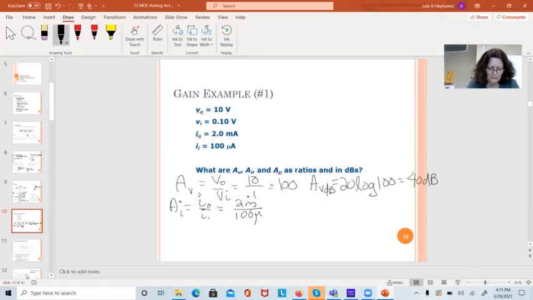And there's a reason why I have my calculator out. 2E minus 3 divided by 100E minus 6 gives me 20. And if I want to find the current gain in dB, it's going to be 20 log of 20, which is going to be 26 dB.